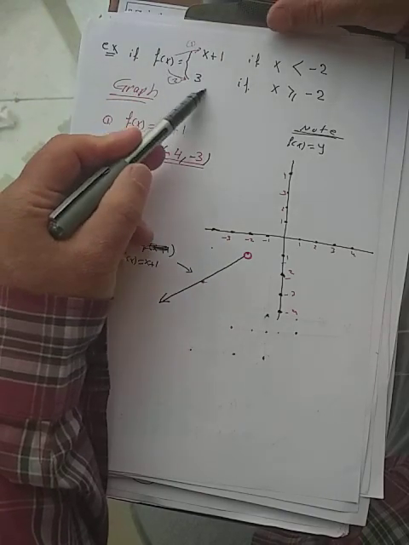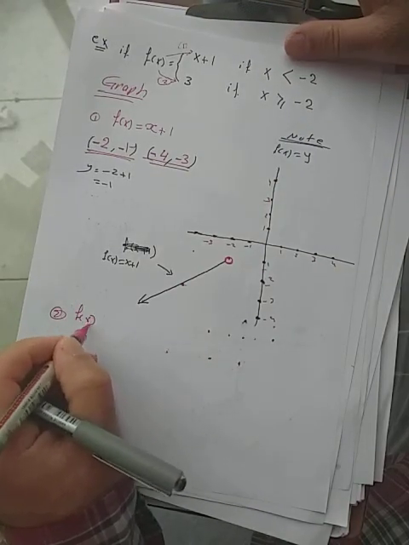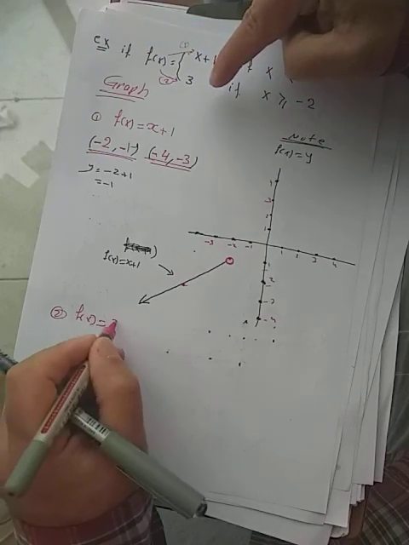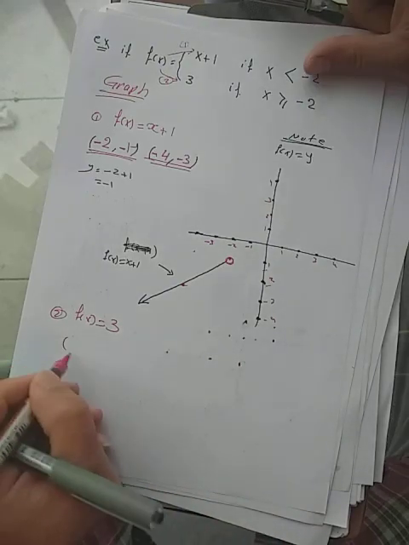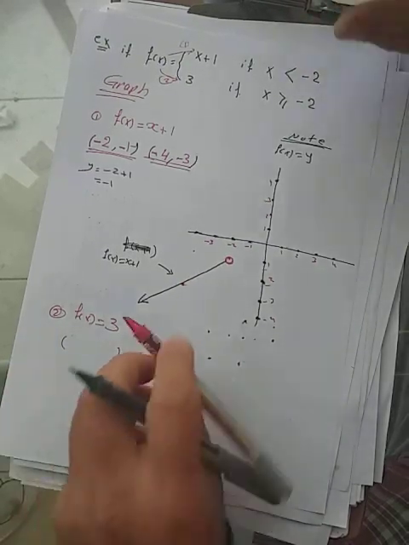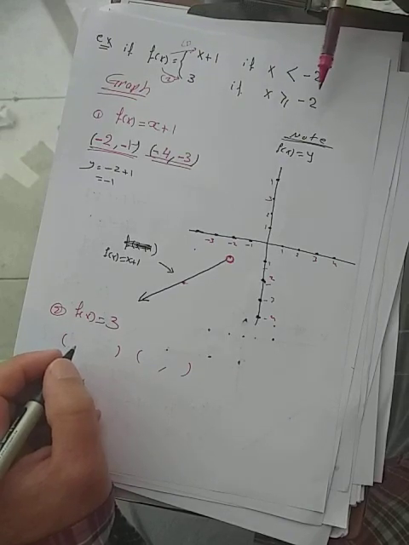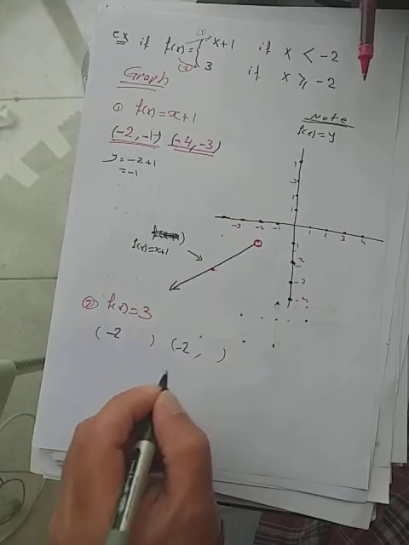Number 2. Now graph f of x is equal to 3. We need 2 points. This is a horizontal line, as you know. We take minus 2.